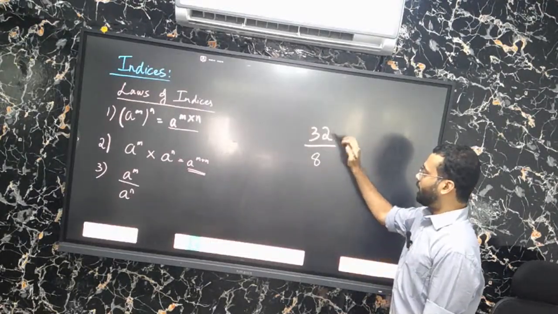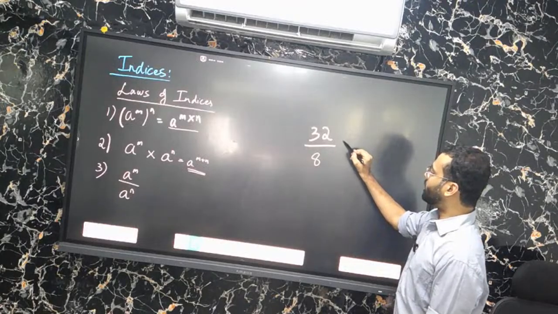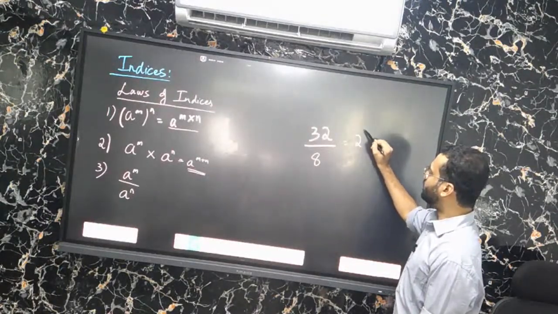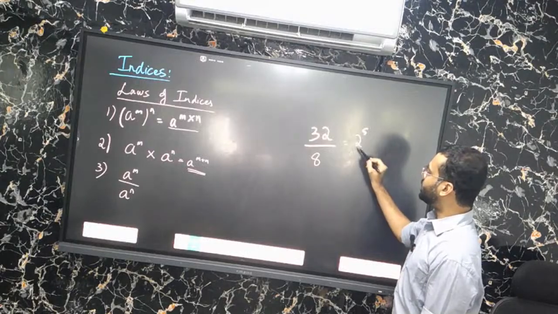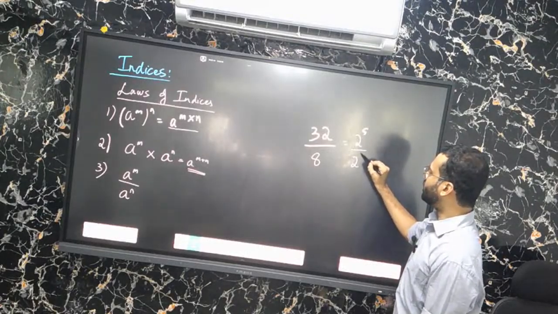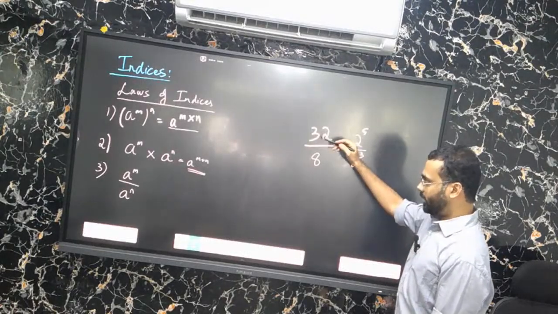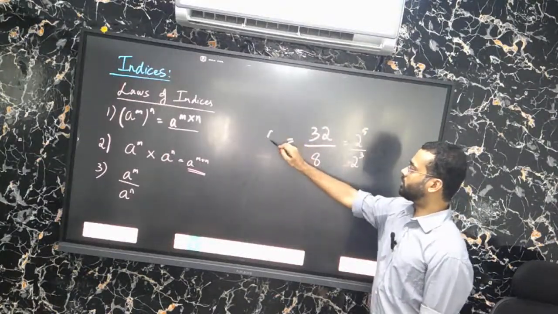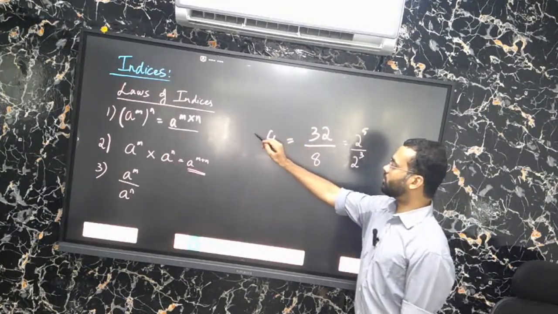I'm writing in terms of prime factors to the power. So 32 is nothing but 2 power 5. 8 is nothing but 2 power 3. But what's the answer? 32 by 8 is, what's the answer? 4.